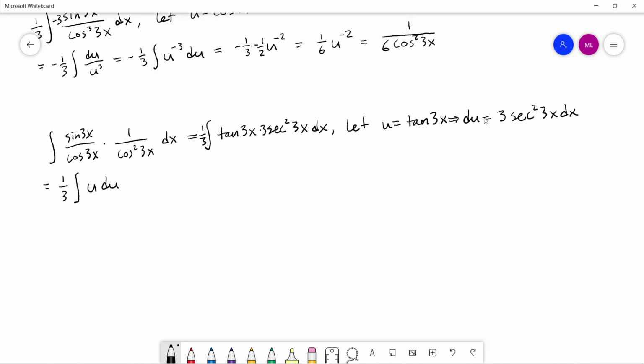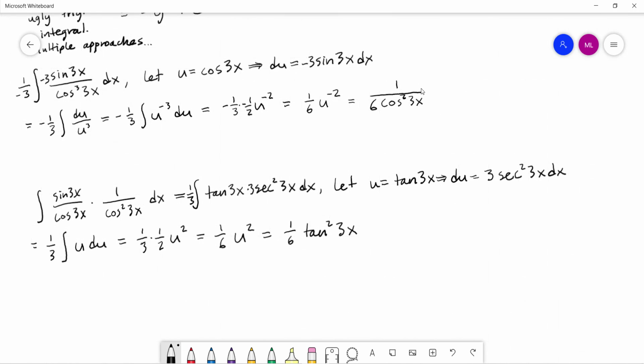And when I do that, we can integrate u du, no problem. I'll have my 1/3 out in front of everything, and I'm going to get 1/2 u squared when I integrate the u term, and I'll be left with 1/6 u squared, which, plugging back in for what u is, this tangent of 3x term, I'm going to get 1/6 tangent squared of 3x.